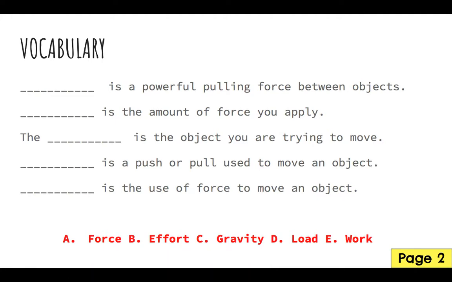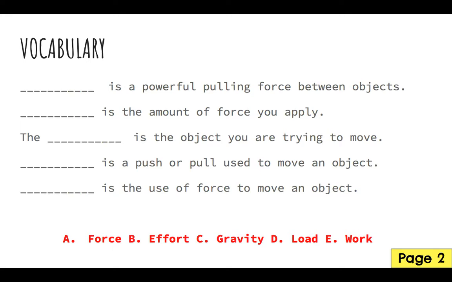The first one says blank is a powerful pulling force between objects. Okay, now if you look down at the bottom, we have a word bank. Those words are force, effort, gravity, load, and work. Now, they're all really similar, and we're going to find that out. All these definitions are very similar, but it's very important to know the difference between them.